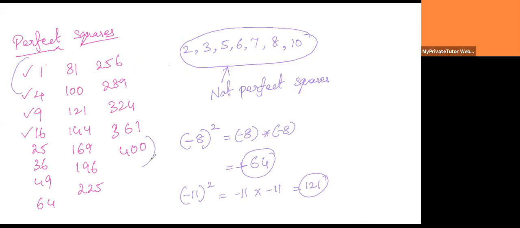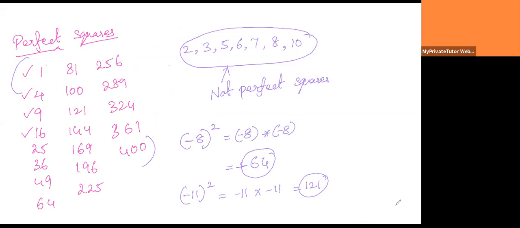If we take the square root of any of these numbers, we get a whole number. That's why these numbers are called perfect squares. For example, the square root of 81 is 9. The square root of 144 is 12.